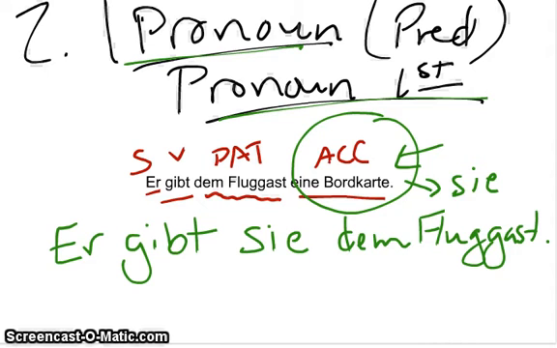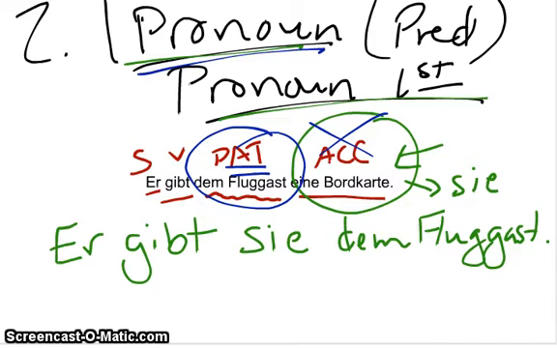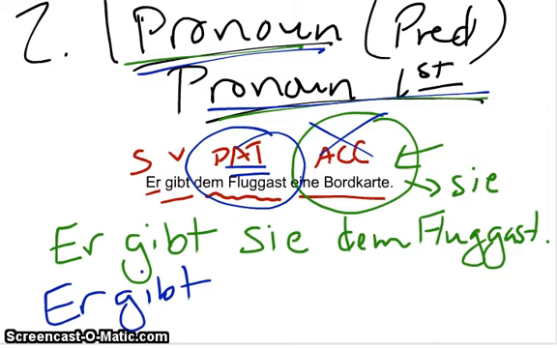Now, what if we wanted to replace passenger instead of boarding pass? This is the dative case. Once again, one pronoun in the predicate, pronoun first. We still have our subject and our verb, gibt. However, now we have boarding pass, which will stay in the second position.